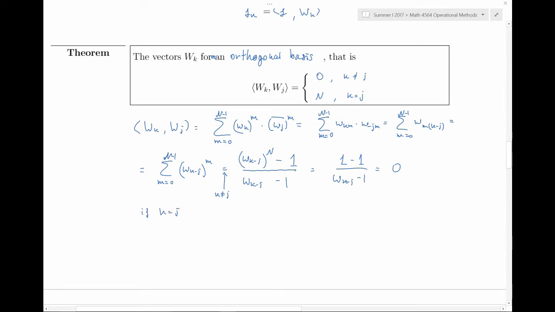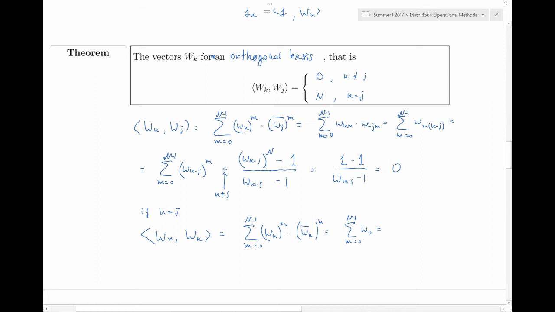If k equals j, then the inner product of w_k with itself is going to be the sum as m goes from 0 to n minus 1 of w_k raised to the power m times w_k bar raised to the power m, and that means that this is the sum as m goes from 0 to n minus 1 of the numbers w_0, which are all 1s.